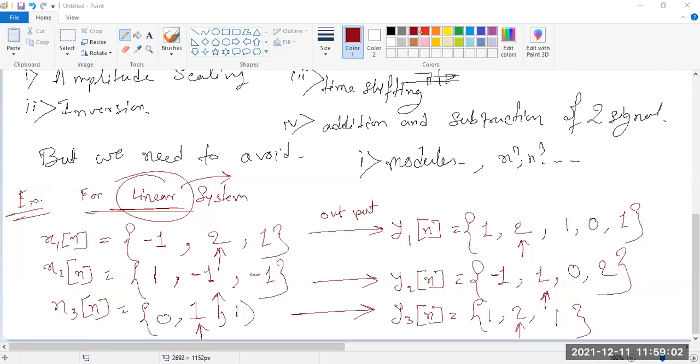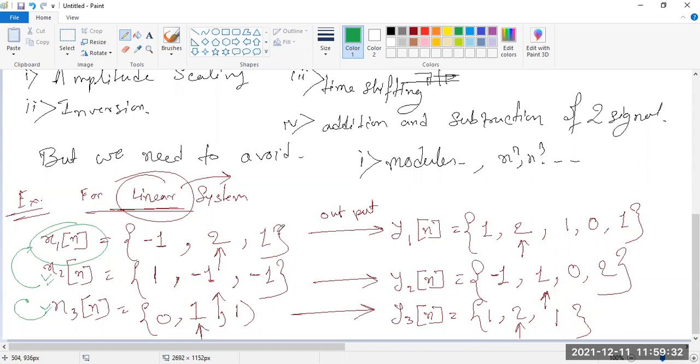Say I am choosing x1. Then we have to express x2[n] and x3[n] in terms of x1[n]. If it is possible, then we have to verify whether the corresponding y terms are also equal or not.